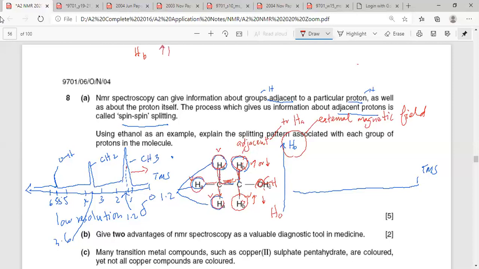If it spins up and up, the external field is HO plus these 2. So HA will feel HO plus a small amount, which means it will actually have a higher field. So it's 1 here, and now this is 2.